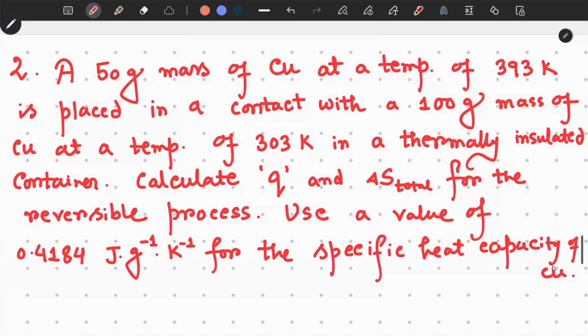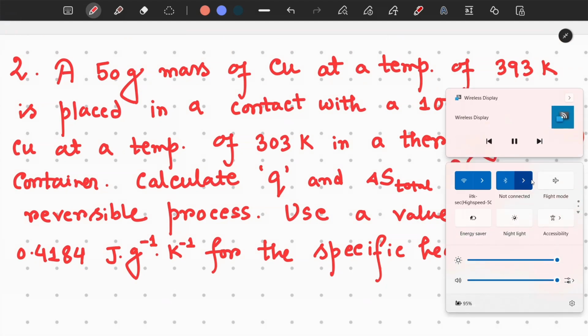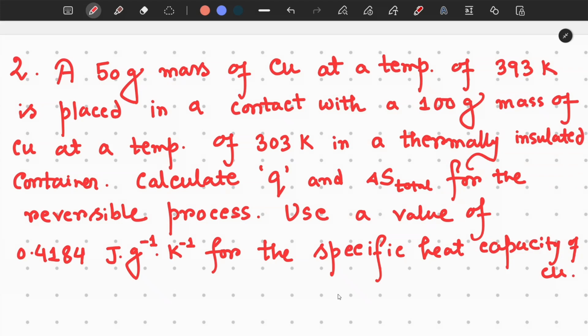Okay, we discussed this type of question, right? That's why I thought we should discuss it as well. So try it, think about it, and solve it.